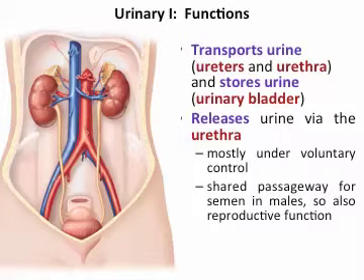We talked about this at the beginning. The urinary system makes urine in the kidneys and then transports urine via the two ureters to the urinary bladder, and then from the urinary bladder there's one urethra that excretes urine to the environment.